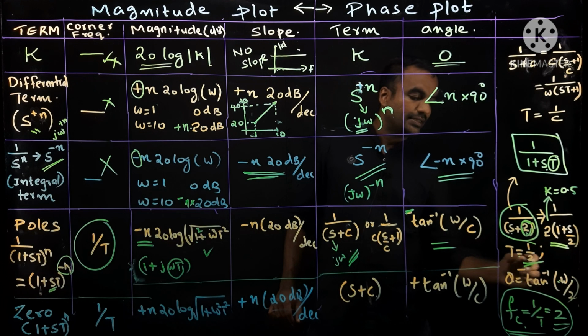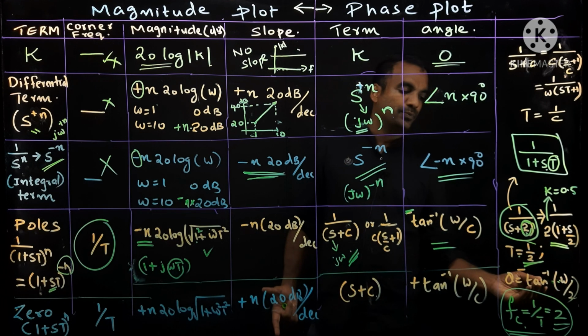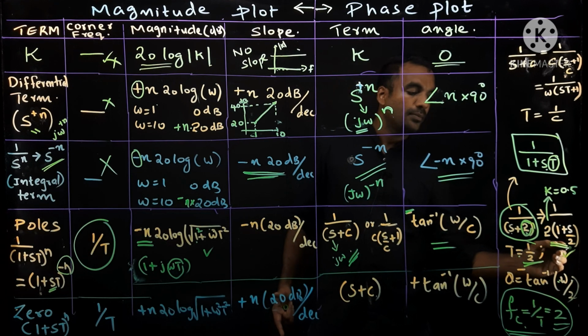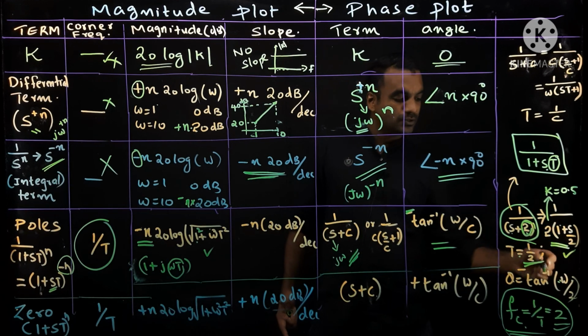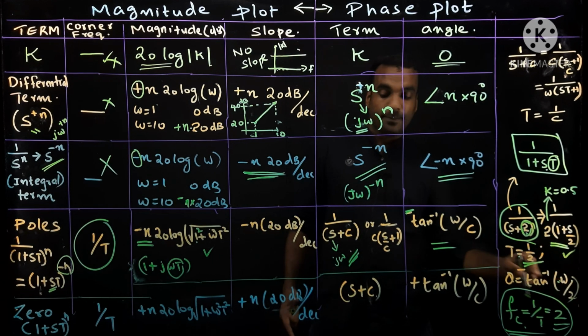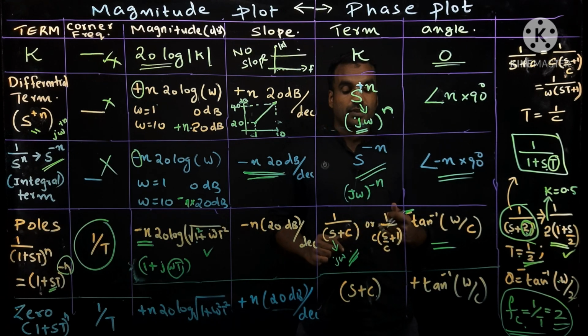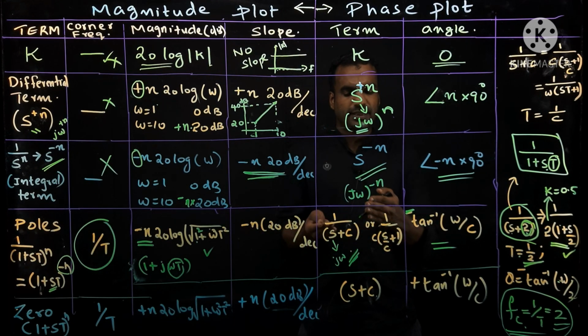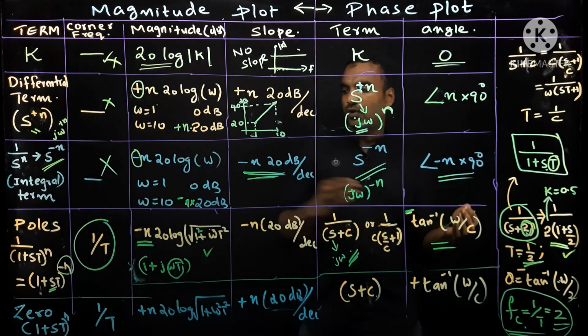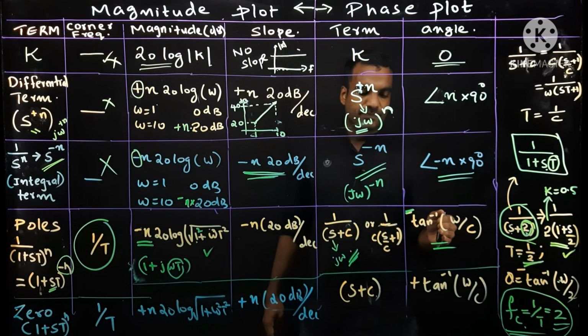Its angle equation is simple, tan inverse omega by 2. If it is in this standard form, then also that can be determined, but it is very easy by common inspection itself. So it's your choice. You can keep it in this form or this form.